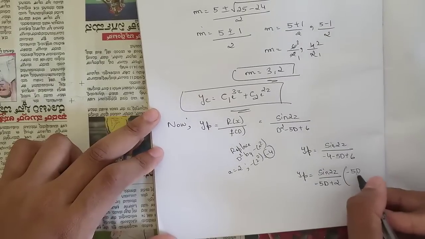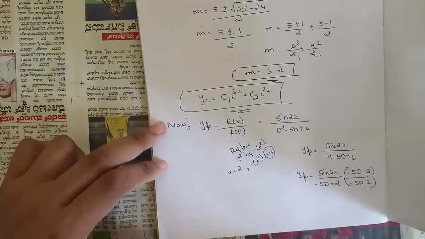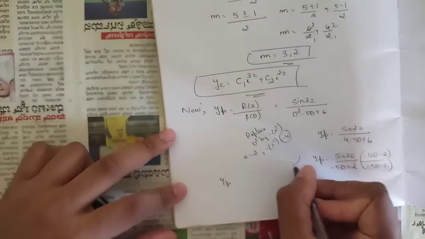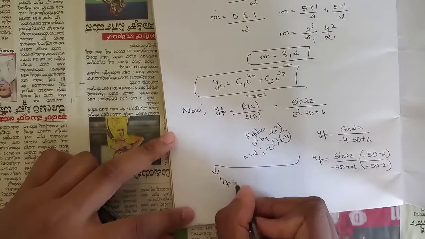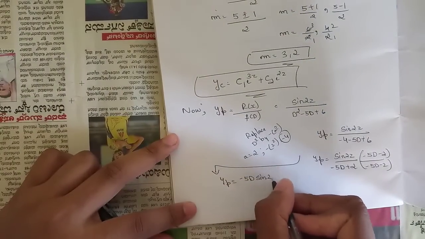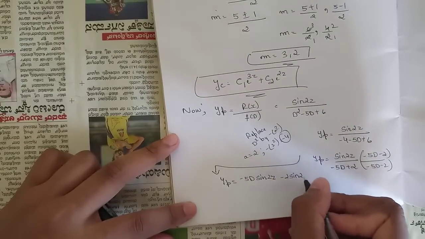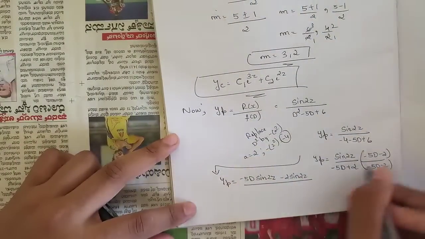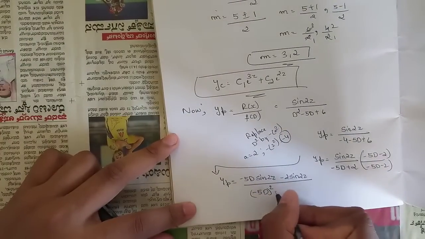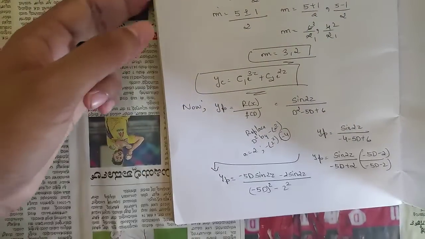Now the conjugate is minus 5D minus 2, multiplied for numerator and denominator. So yp is equal to minus 5D into sine 2z minus 2 sine 2z, divided by a plus b, a minus b form again: minus 5D the whole square minus 2 square. Now solve.